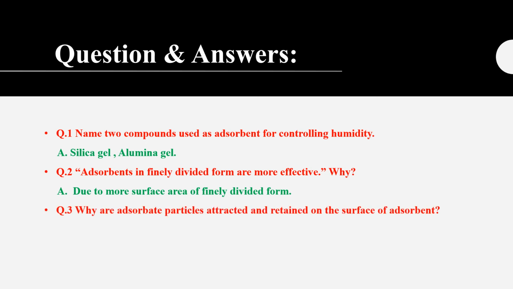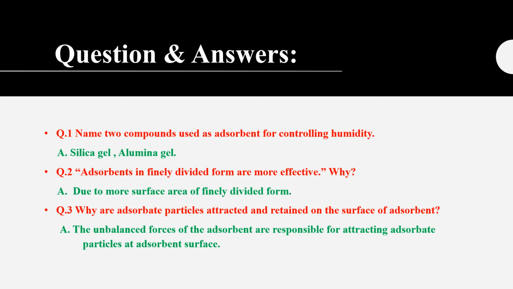Question third, why are adsorbate particles attracted and retained on the surface of the adsorbent? Due to the unbalanced forces of the adsorbent, which are responsible for attracting adsorbate particles at the adsorbent surface.